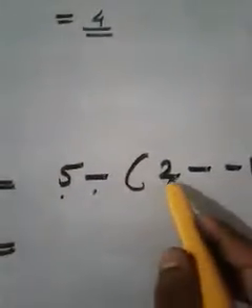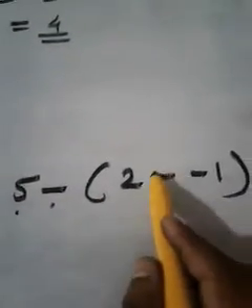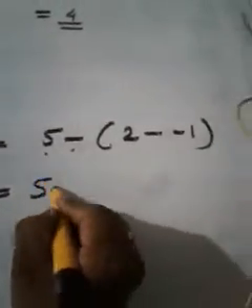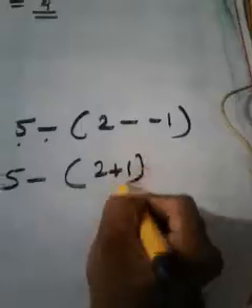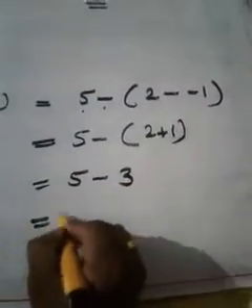B is 2, then this minus, see this minus is this minus, then we write C. What is C? Minus 1. C itself is minus 1. Now you just see, it becomes 5 minus, under the bracket, 2 minus minus 1 becomes 2 plus 1, no? So that is 5 minus 3. What is 5 minus 3? 2.